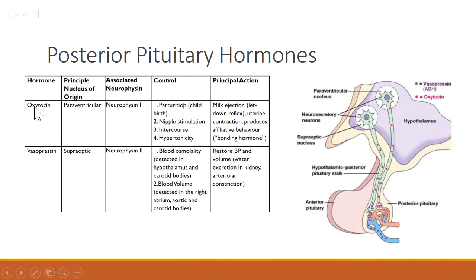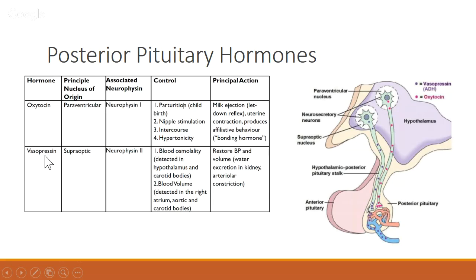And oxytocin is associated with the paraventricular nucleus because there's an O and an A here, so one O and A, whereas over here there's one A and O, so vasopressin or ADH and optic, sort of. So vasopressin actually has 2 functions.